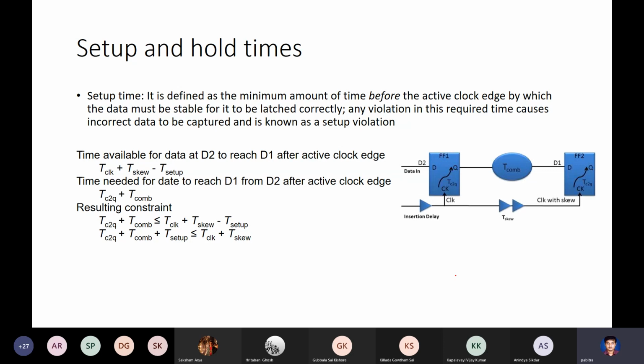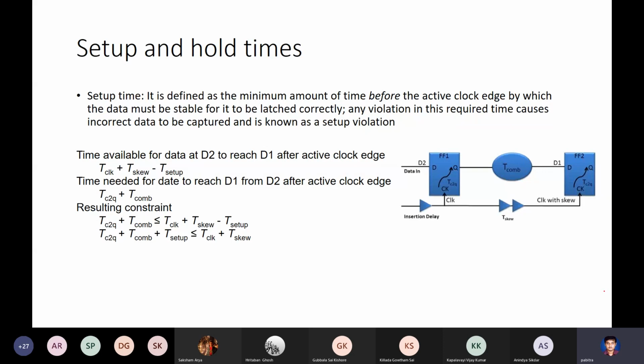So the time available for D2 to reach D1 after the active clock cycle should be T clock. Within this time it should reach, but T skew is a small time delay due to the clock skew, and the setup time.